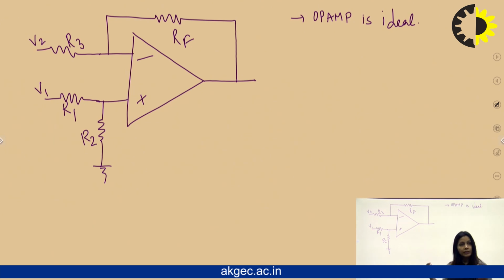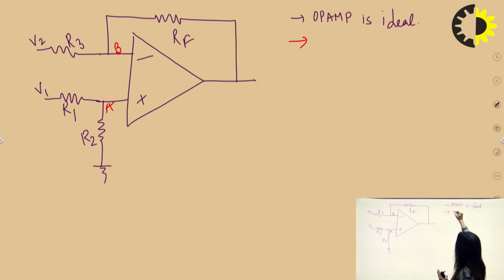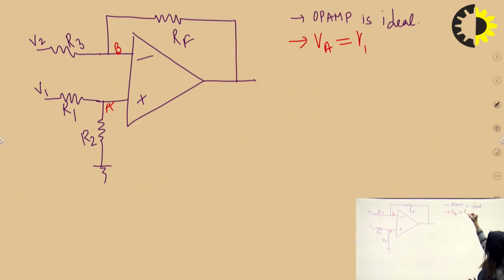If the op-amp is ideal, then there are so many things I have in my bucket. Like, if the op-amp is ideal, I can apply the virtual ground concept rule. Let's say this point is A and this point is B. From the virtual ground concept, we have already seen that the potential of point A, let's say VA, and the potential of point B, let's say VB, are equal: VA is equal to VB.